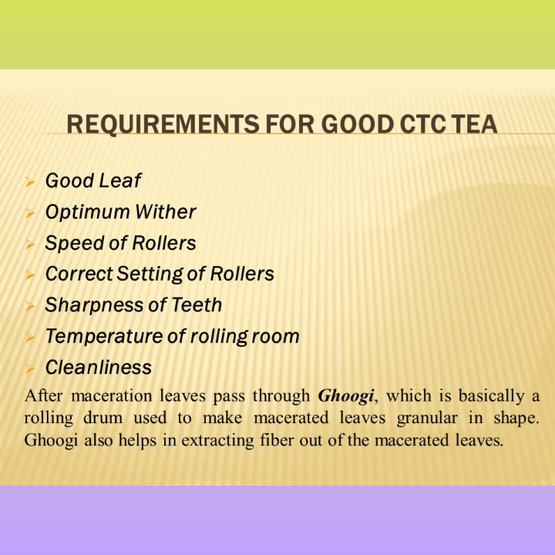If you send this fiber to the drying, it will get burned. So we have to convert this open fiber into an embroidered fiber, and we have to make the granules, because you have seen that CTC teas are granular in form. So this googie is used.